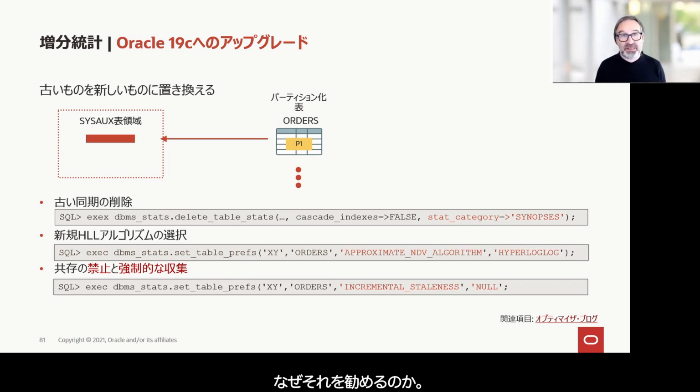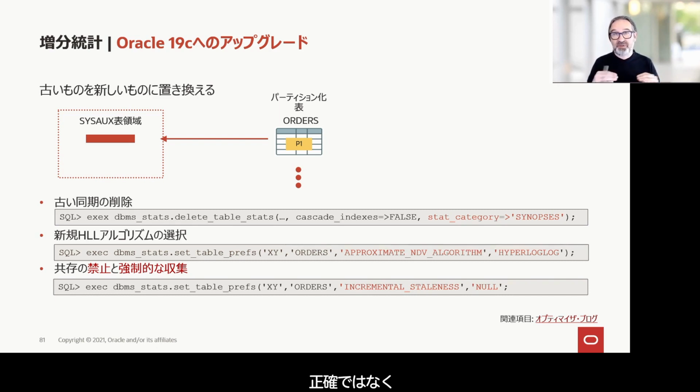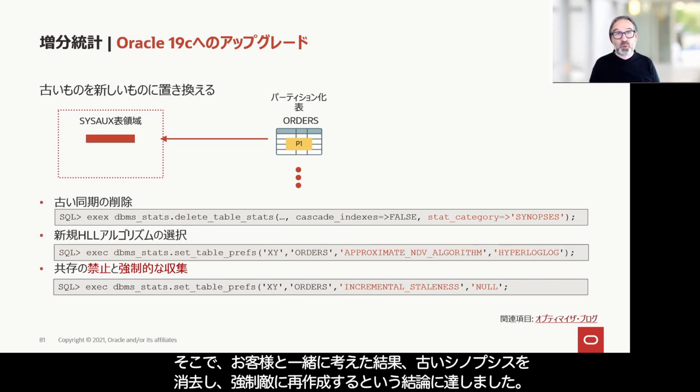Why are we recommending that? We learned from customer cases that when we have the coexistence of old and new, especially index stats gathering is not good anymore. It's not precise, it leads to a lot of issues. And this is why we came to the conclusion with the customers we worked with that you have to wipe out the old synopsis and you have to enforce the regeneration.